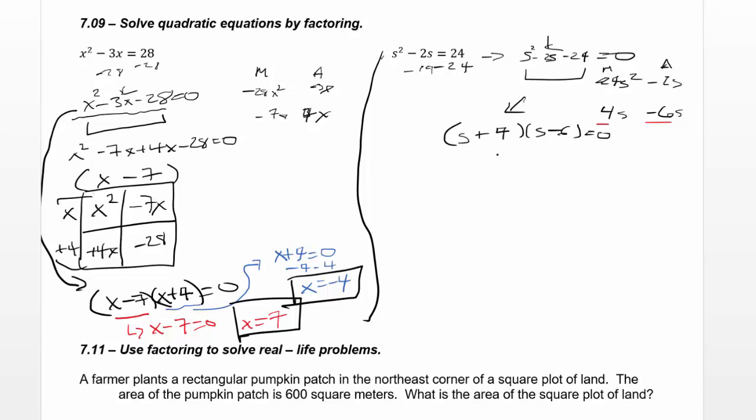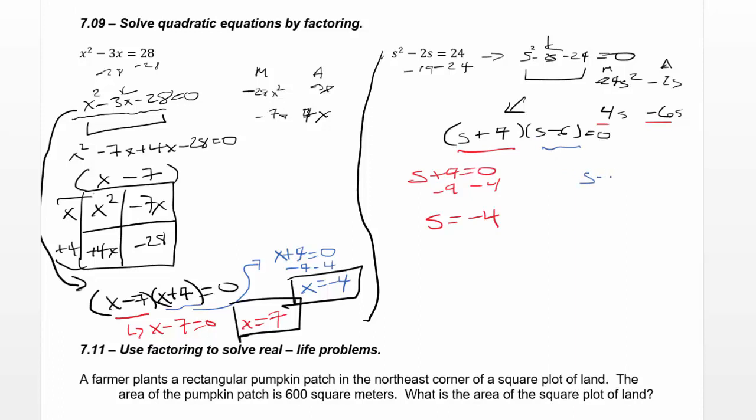I can solve this just as we did in the previous example. The solutions to this equation are any of these s's that I can choose that makes either one of those two terms 0. And I think there are two numbers that do that. There's s plus 4 equals 0, or better yet, s is negative 4.